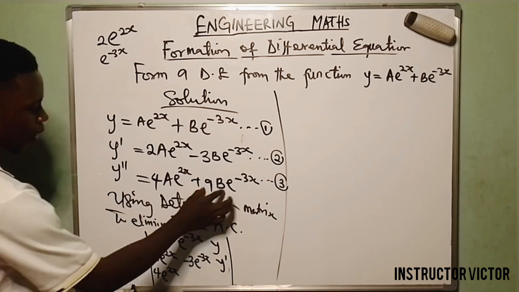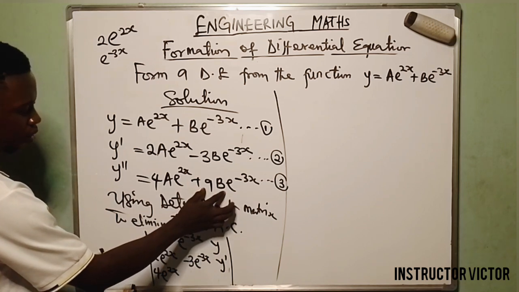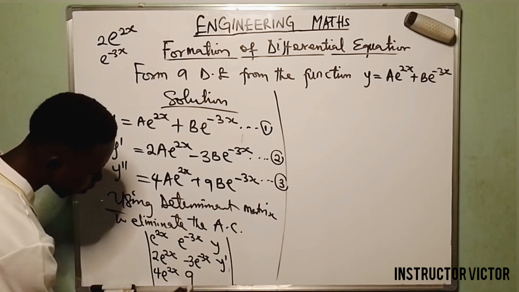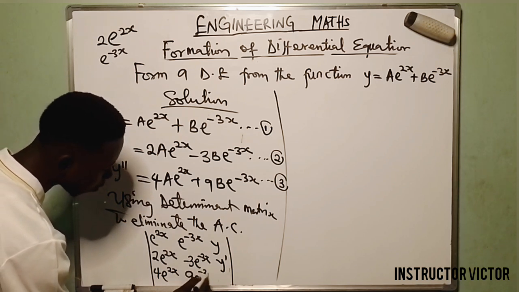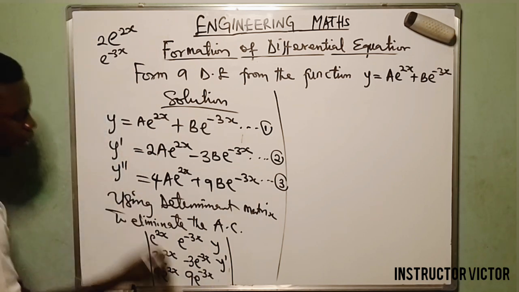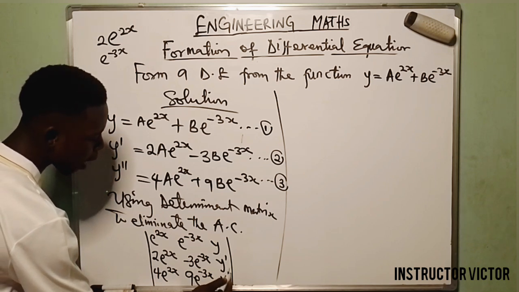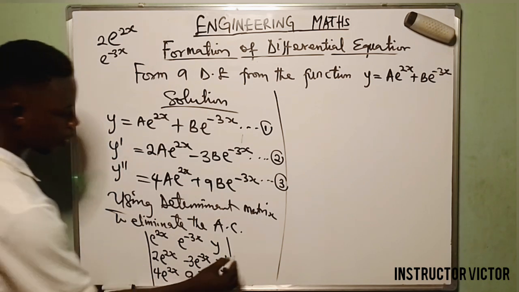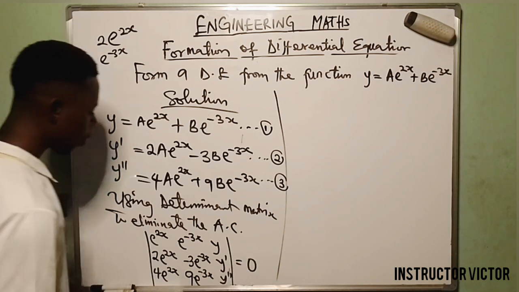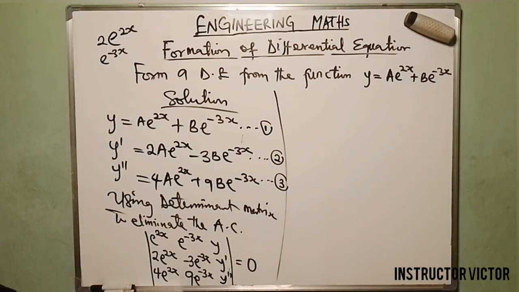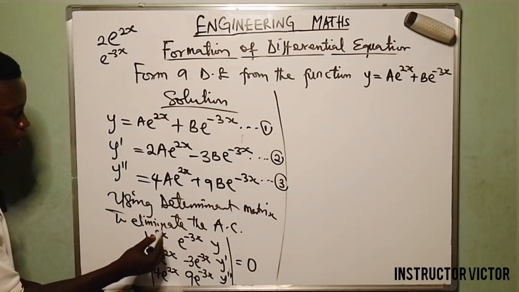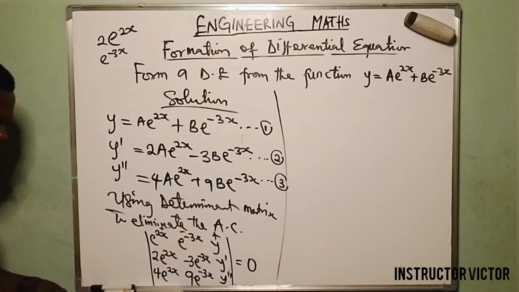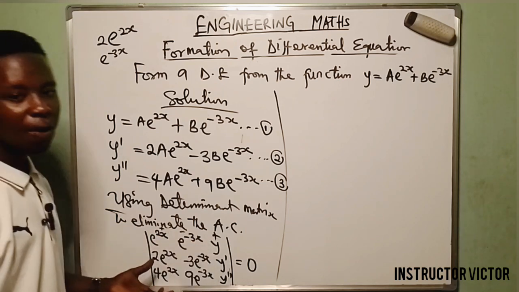And then another one, the coefficient of B, is 9 exponential minus 3x, and that function is y prime prime. I hope you saw what I did here. Equal to 0. And then don't forget to apply your plus minus plus, because this will help you a lot.